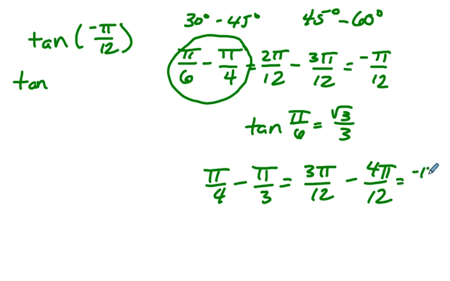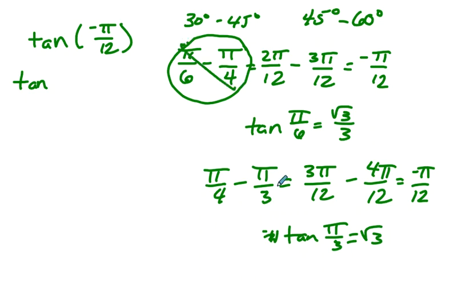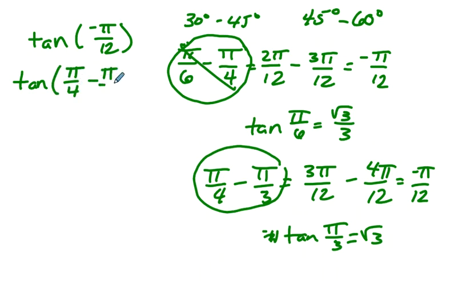It would still give me negative pi over 12, but the numbers are going to be easier because the tangent of pi over 3 is much easier. It's just root 3 instead of dealing with root 3 over 3. So I'm going to actually not do this. I'm going to do this. I'm going to do tangent of pi over 4 minus pi over 3. So this is my A and this is my B.